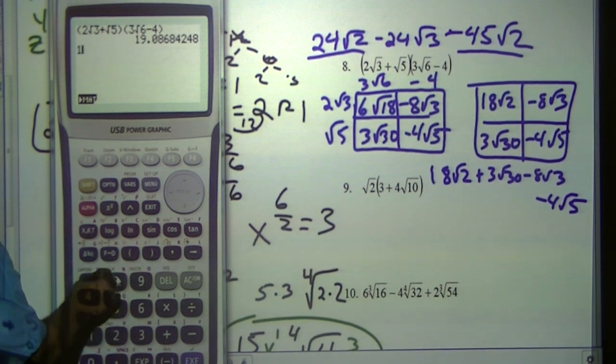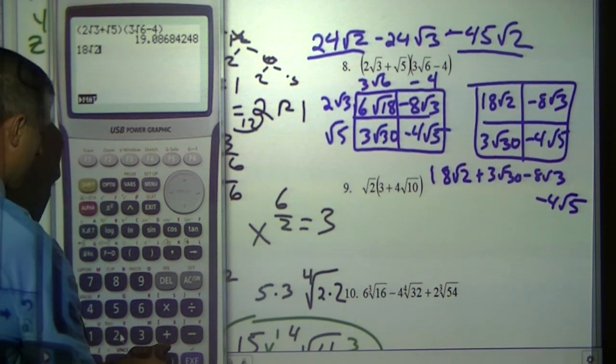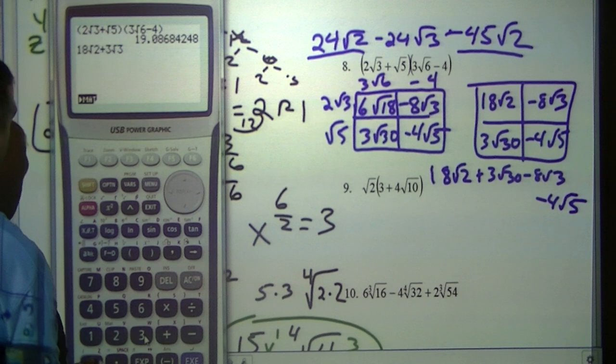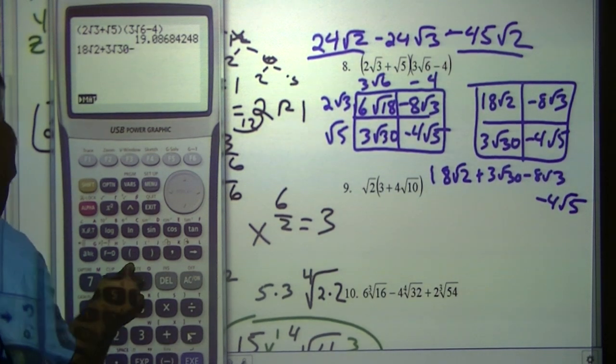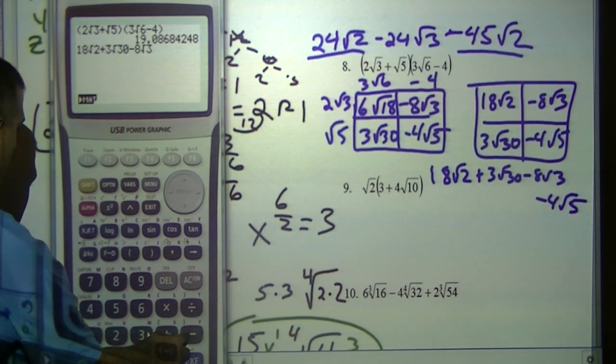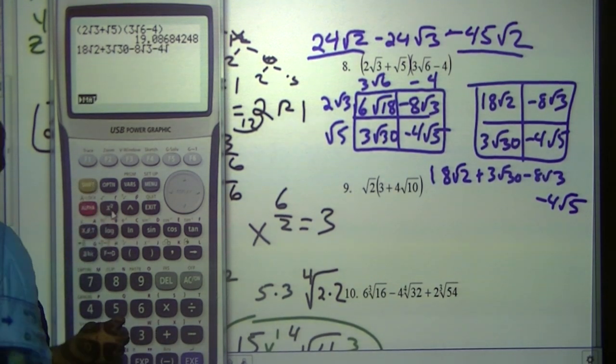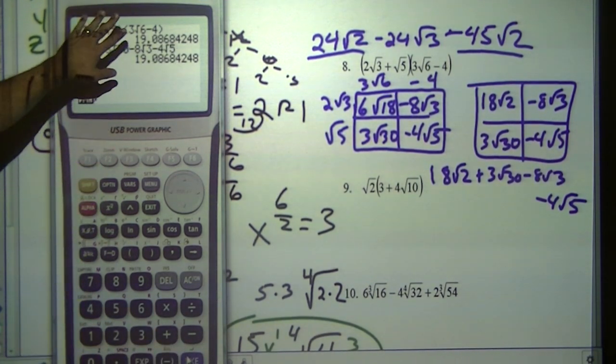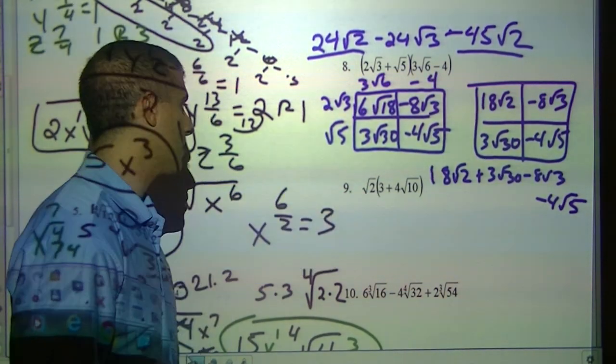Well, what's my final answer? 18 square root of 2 plus 3 square root of 30 minus 8 square root of 3 minus 4 square root of 5. And if you notice, same thing. That's how I know I'm right.